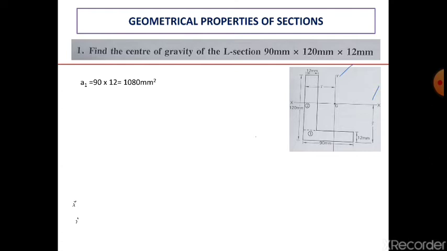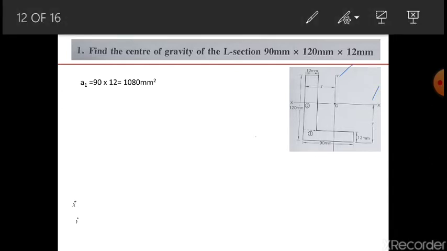Then calculate x1. How do we calculate x1? What is the width? 12 mm. So the center of that width to the axis. Your axis is lying here. So 12 by 2 will give the distance from the center of that section to the reference line.